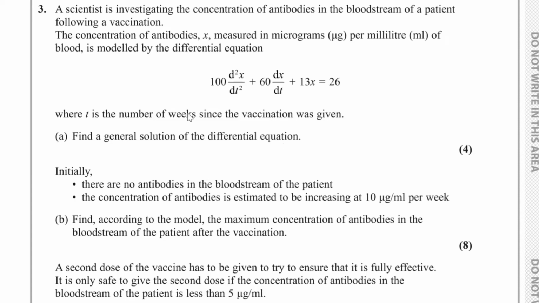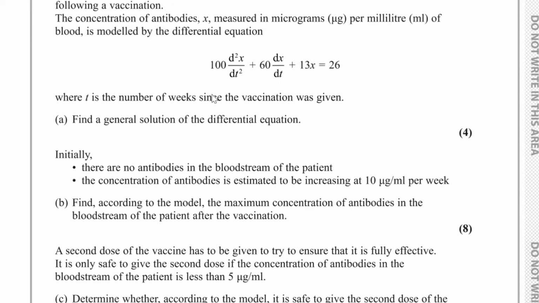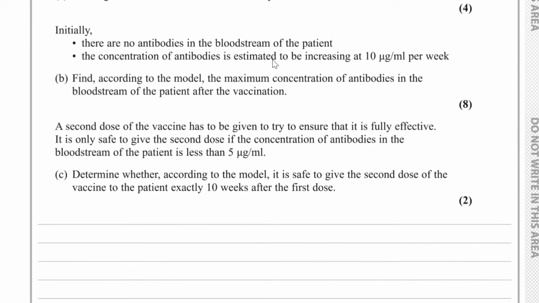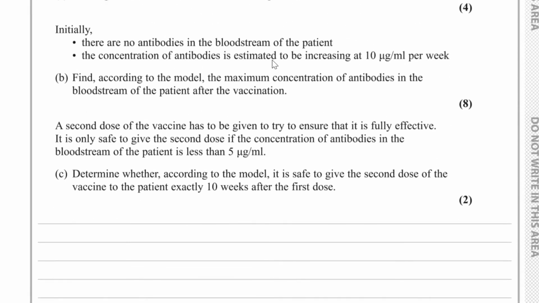Well, before we do anything, we need to form the auxiliary equation, and to do that we consider the left hand side over here to help form the coefficients of the quadratic of the auxiliary equation. So for part A, for the auxiliary equation, you can see here we've got 100m squared plus 60m plus 13 equals 0.